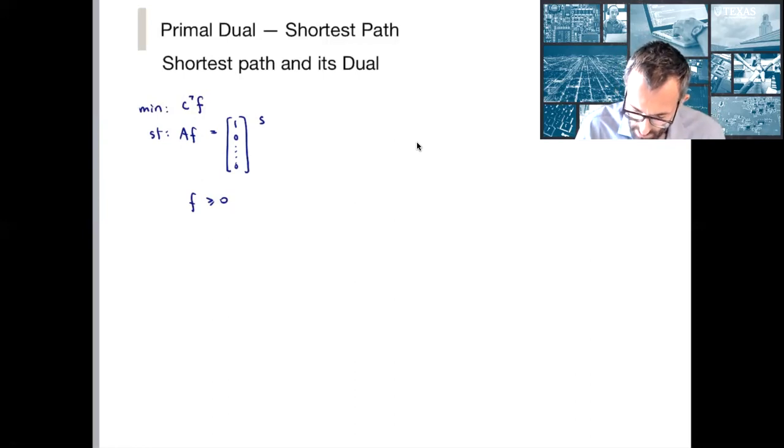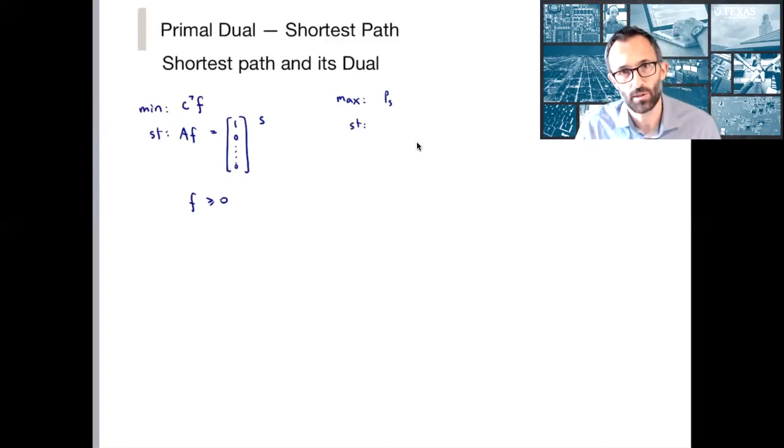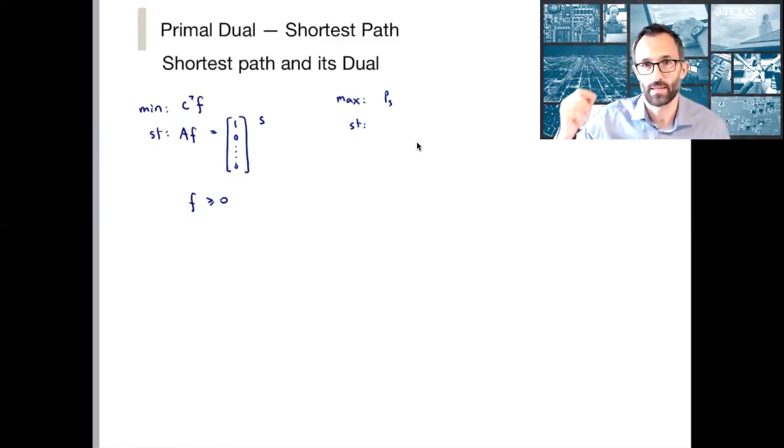This is the primal. And the dual is asking us to maximize P transpose B. Well, B is the vector with zeros everywhere except for 1 on the S value. So this is just PS, subject to P transpose A less than or equal to C. What does P transpose A look like? Remember that every column of A corresponds to an edge, and it has a +1 where the edge originates and a -1 where the edge terminates.